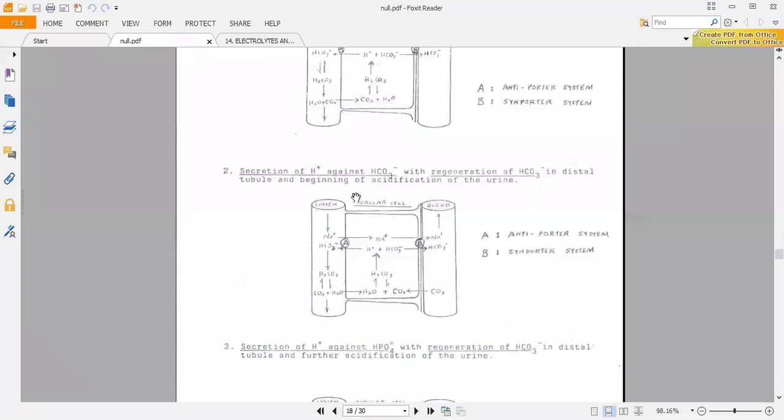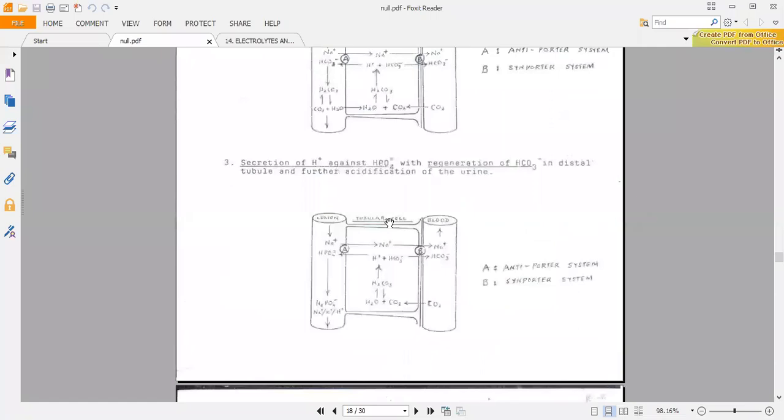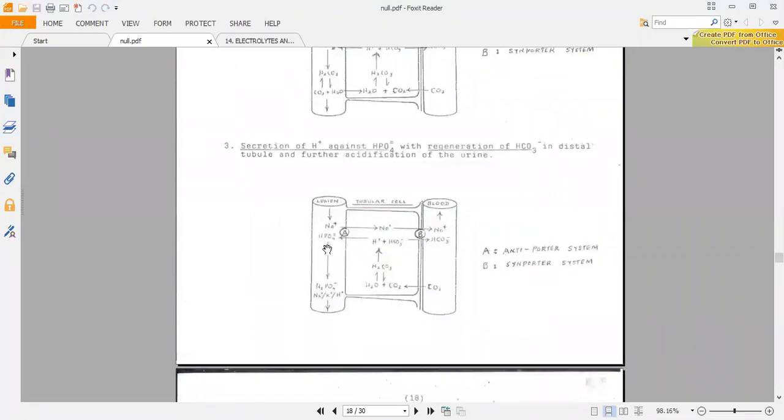Look at this very well. Now we can use the bicarbonate ions to absorb H plus, and we can also use the phosphate molecules to absorb H plus. So this is the phosphate molecule.